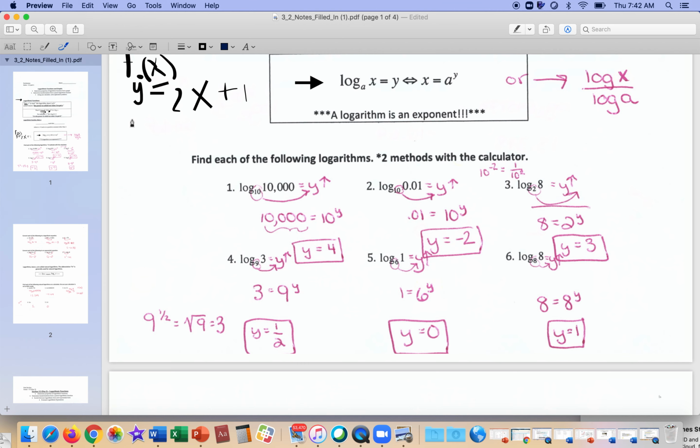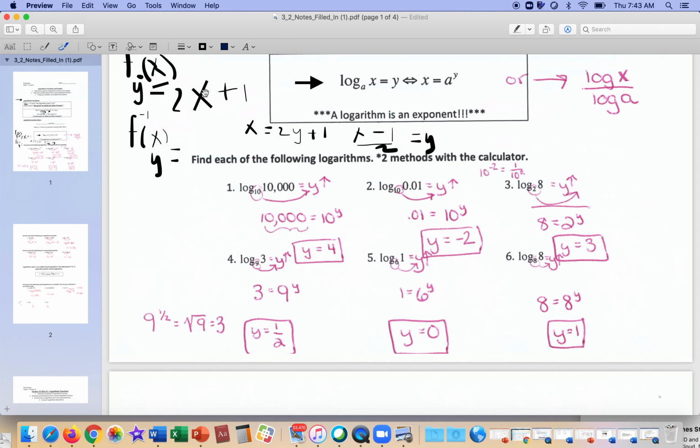Now if it says find the inverse of this f of x, which is still the same thing as y equals, you just write this notation so that you know you're identifying the inverse. We switched x and y, so we'd say x equals 2y plus 1, and then we subtracted 1 and divided by 2, so x minus 1 divided by 2 is equal to y.